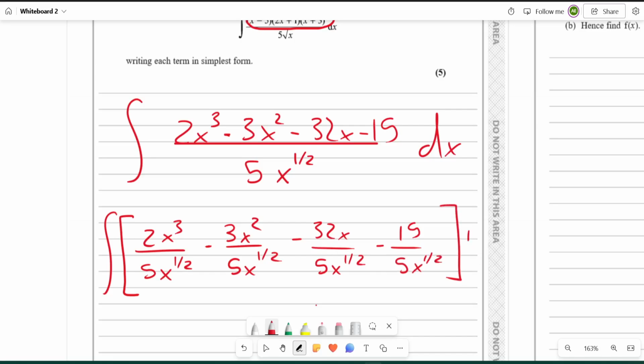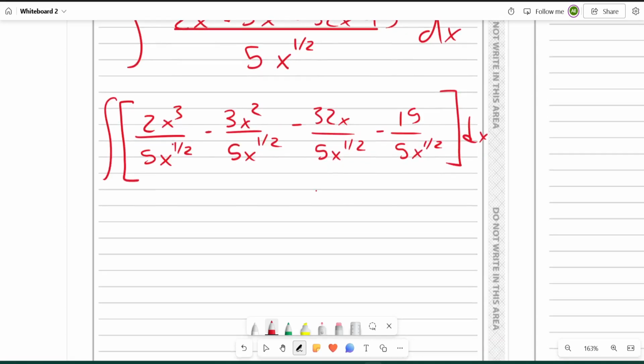And then I can use the power rule for each term. But first, let me simplify a little bit. This term is going to be 2 over 5 times x cubed divided by x power 1 over 2. Whenever you have, let's say, x cubed times x squared, you know the answer is x, and we add the powers. So x power 5, since 3 plus 2 is 5. When we have x cubed over x squared, the answer is x, but we subtract the powers, so it becomes x power 1.